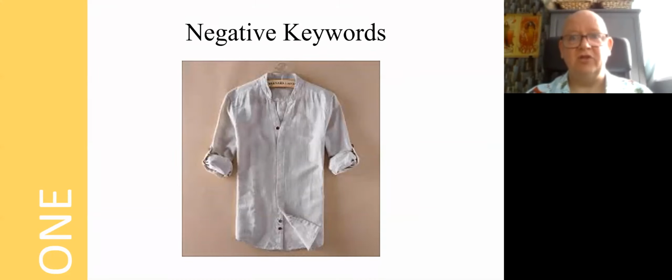So if there was a lot of search for this blue linen shirt, we'd know, right, there's a lot of search for it. Let's create a new ad group purely on blue linen shirts. The ad says blue linen shirt. It lands on a blue linen shirt landing page, making the journey easier for the user to get where they want to go and where you want them to go.